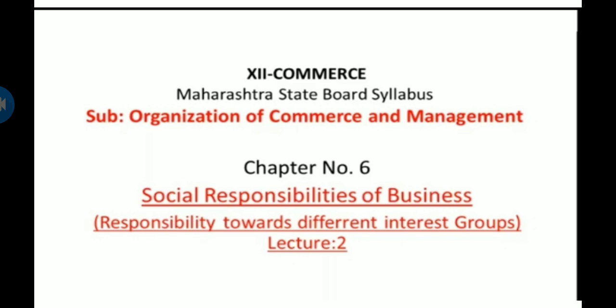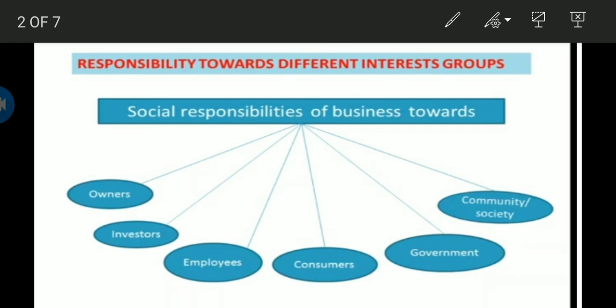In this lecture, we will learn about the different interest groups and the responsibility towards the society of different interest groups such as owners, investors, employees, consumers, government, and community, that is, society.